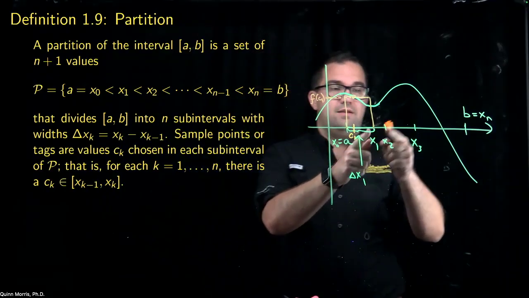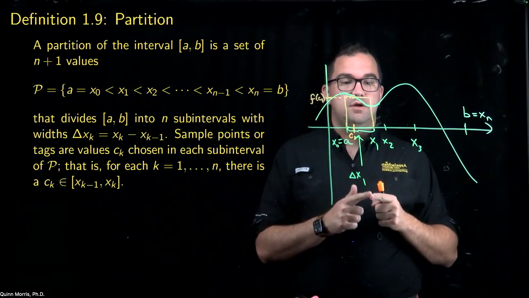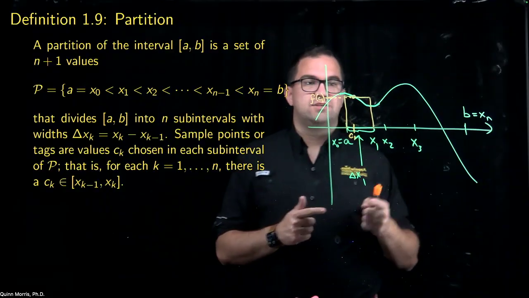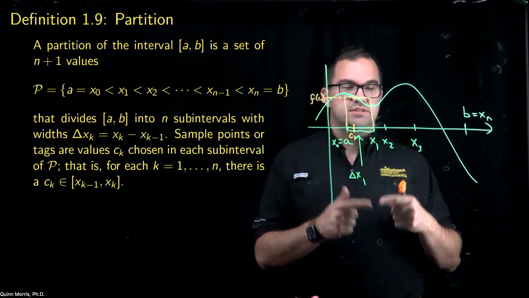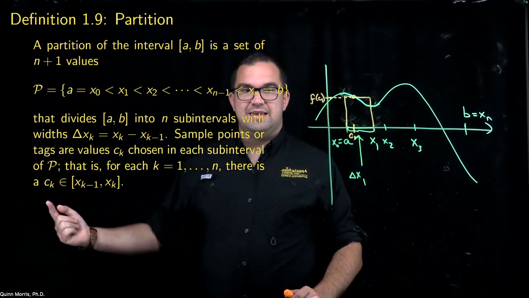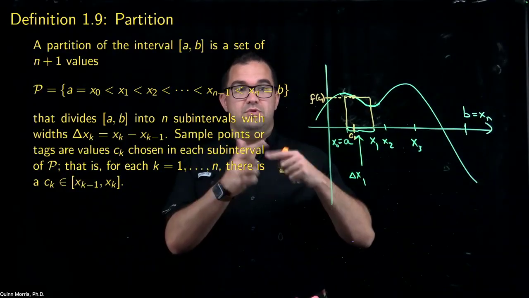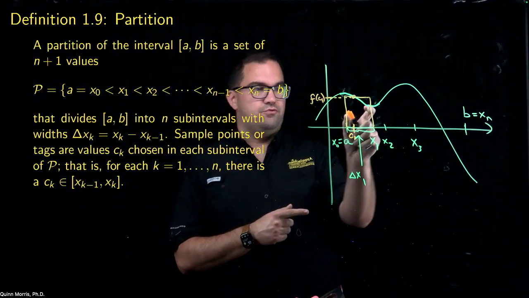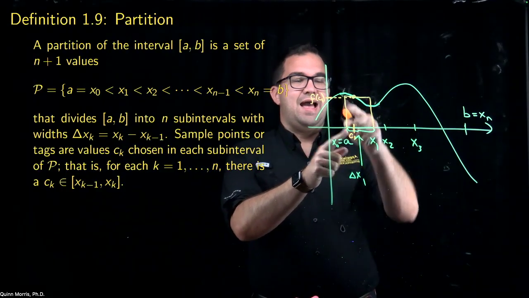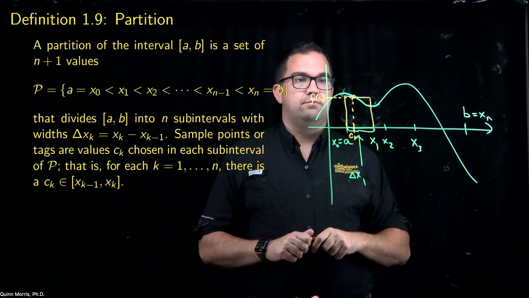Now, I'll keep doing that for each of the subintervals. For each subinterval, I will pick a tag. So I will choose C2 from the subinterval x1 to x2. I'll choose C3 from the subinterval x2, x3. In general, I will choose Ck from the subinterval x sub k minus 1 to x sub k, and I'll do that for every k between 1 and n. So for each subinterval, I will pick a tag, and then that tag will help me determine the height of my rectangle.